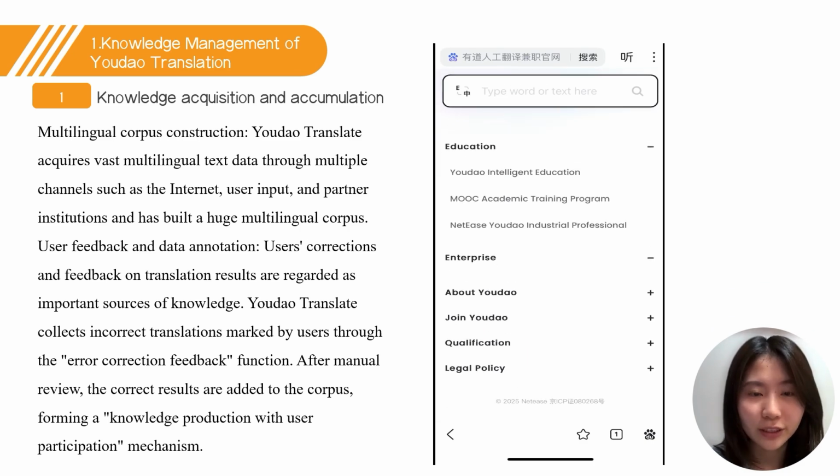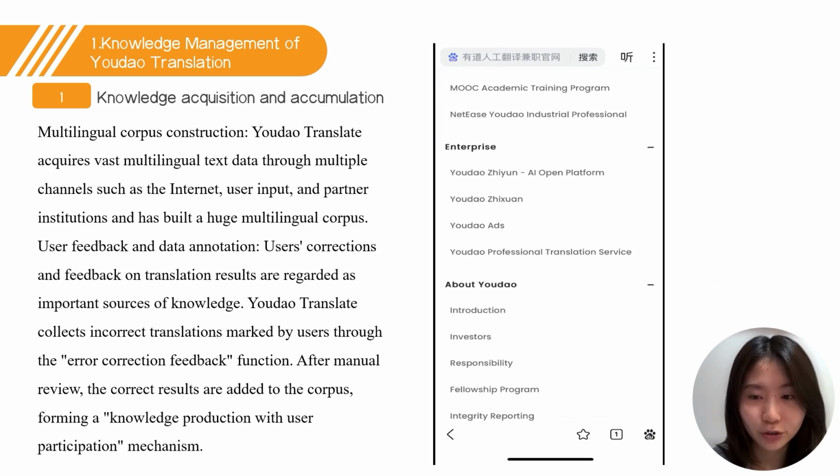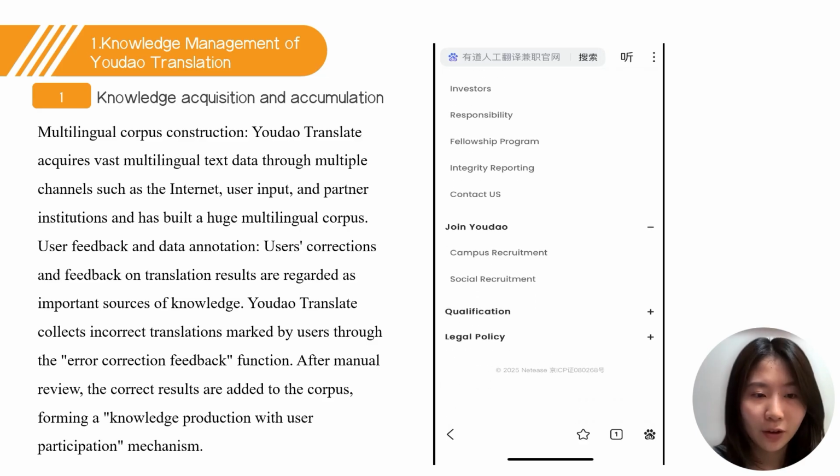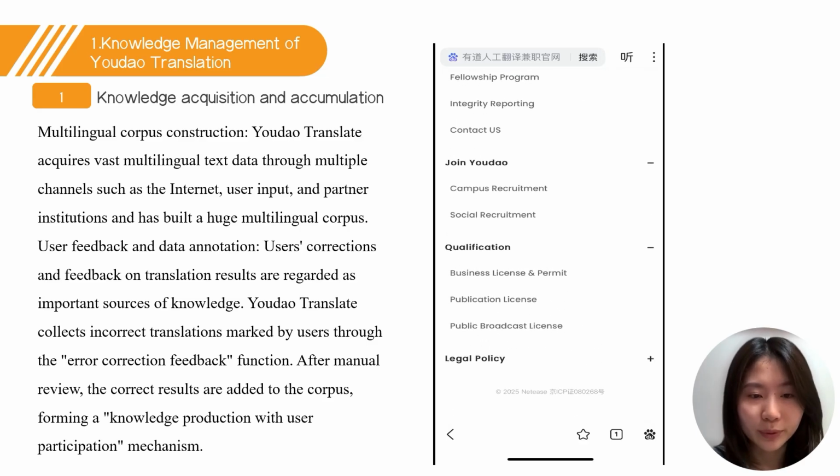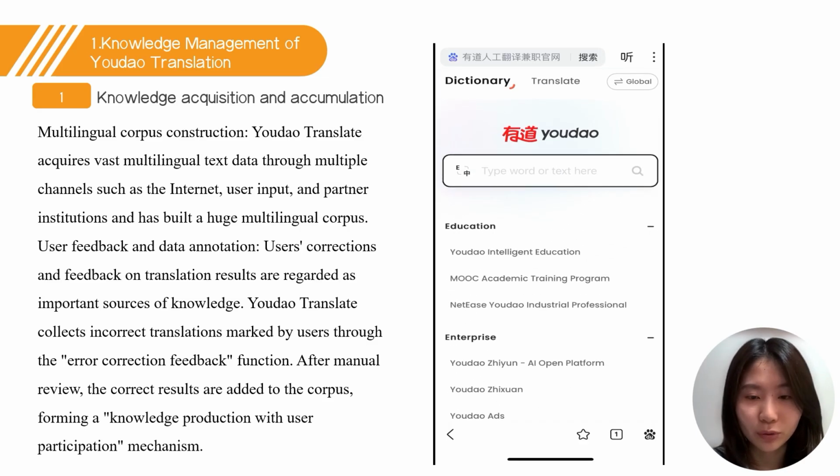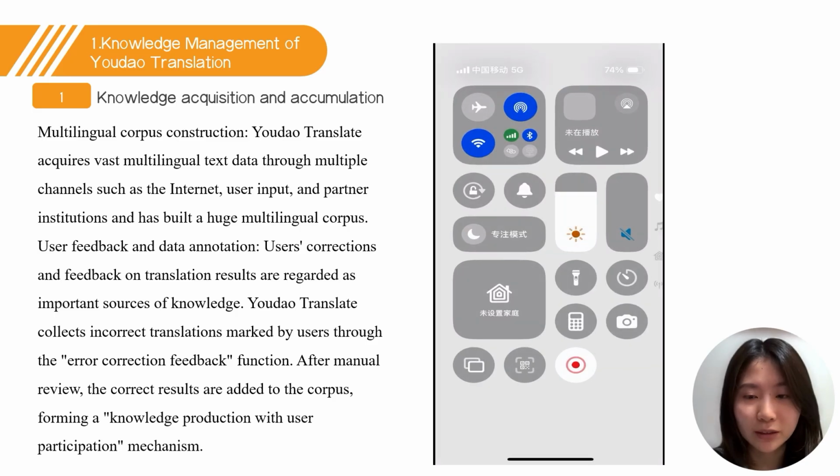Knowledge acquisition and accumulation. Multilingual corpus construction: Youdao Translate accumulates multilingual text data through multiple channels such as the Internet, user input, and partner institutions, and has built a huge multilingual corpus.